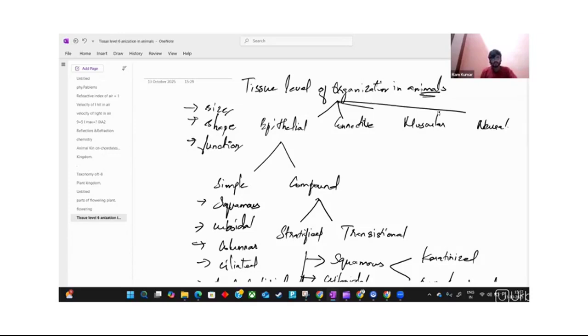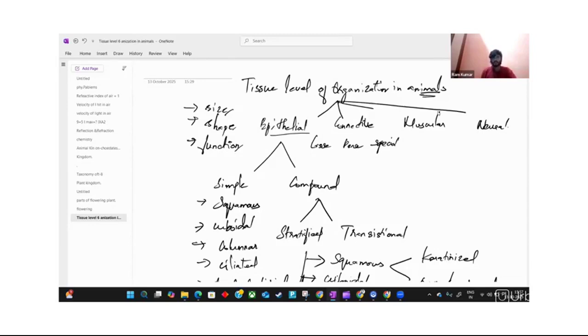Epithelial tissue is further classified into simple and compound, whereas connective tissue is classified into loose connective tissue, dense connective tissue, and specialized connective tissue.